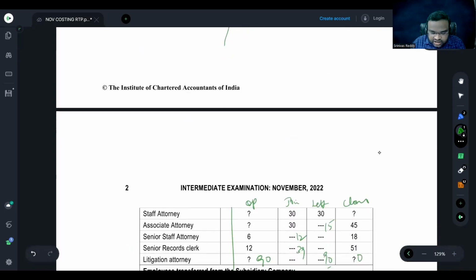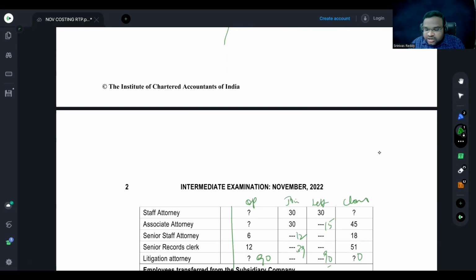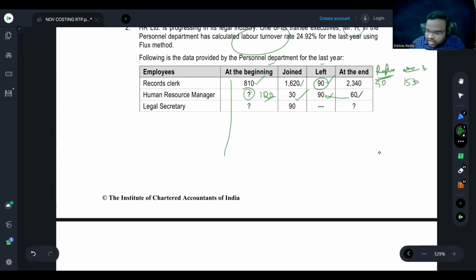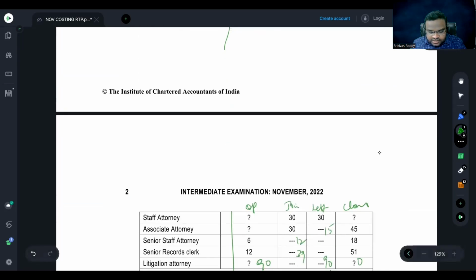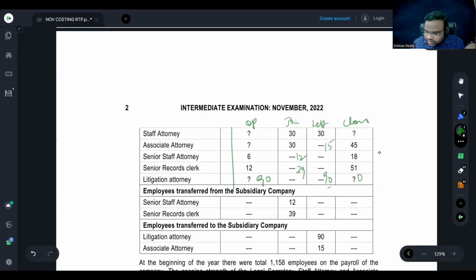Excluding legal secretary, staff attorney, and associate attorney, what is your strength? 810 plus 120 plus 6 plus 12 plus 90. 1038 you are getting.